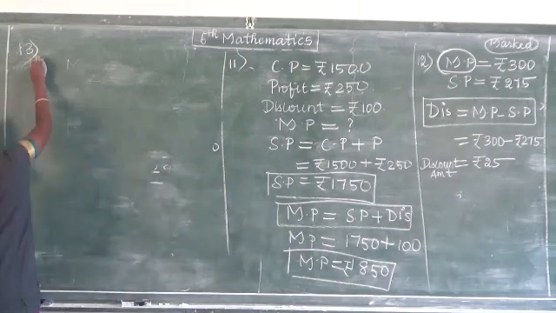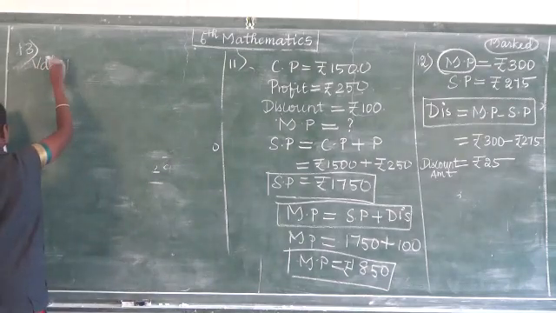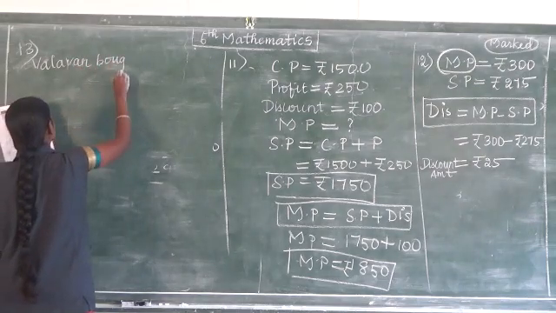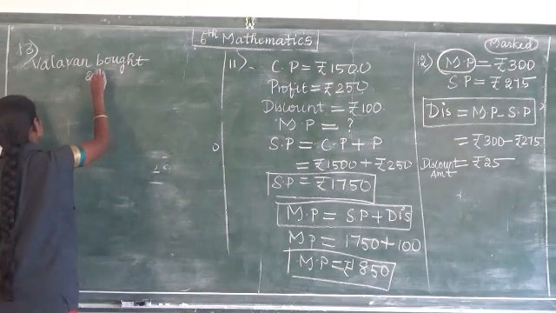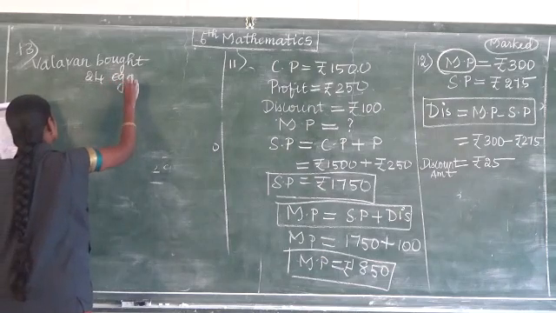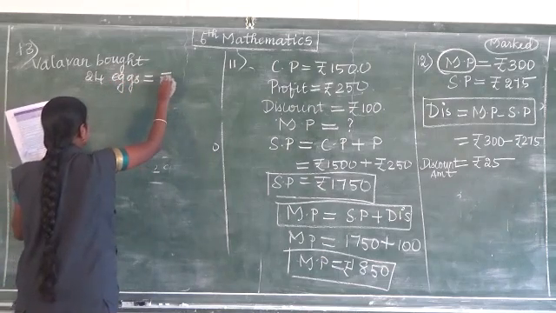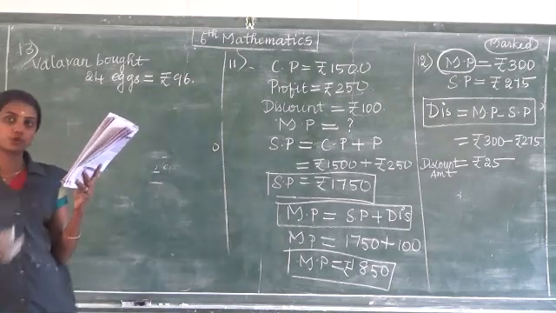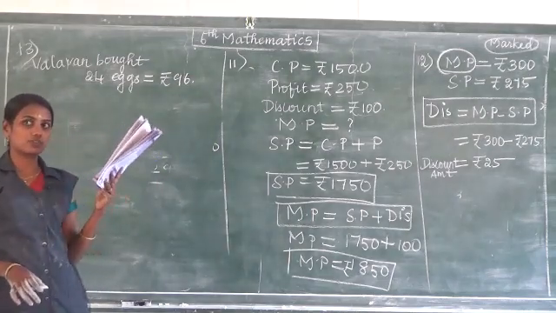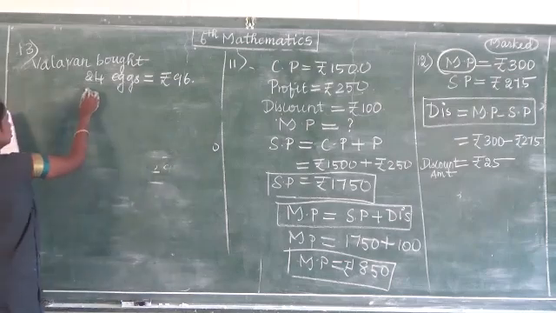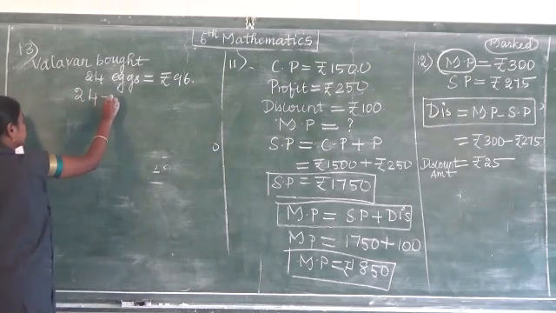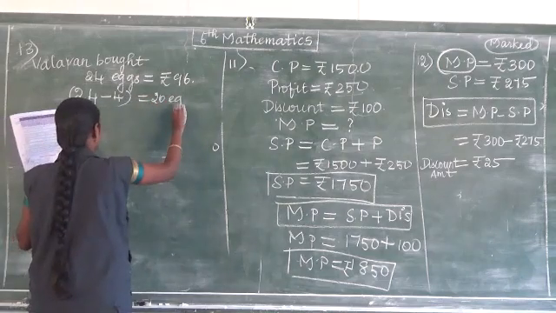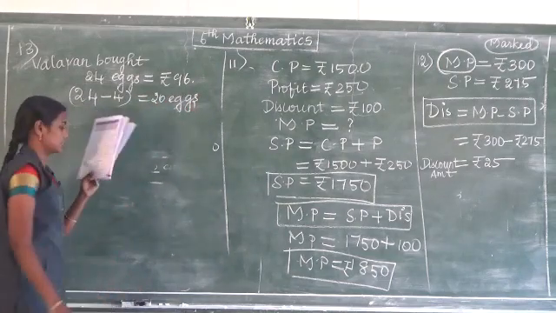First, what is given we will write. Vallavan bought 24 eggs for rupees 96. Four are broken. Four broken means what will be the remaining? 24 minus 4, so 20 eggs will be there.